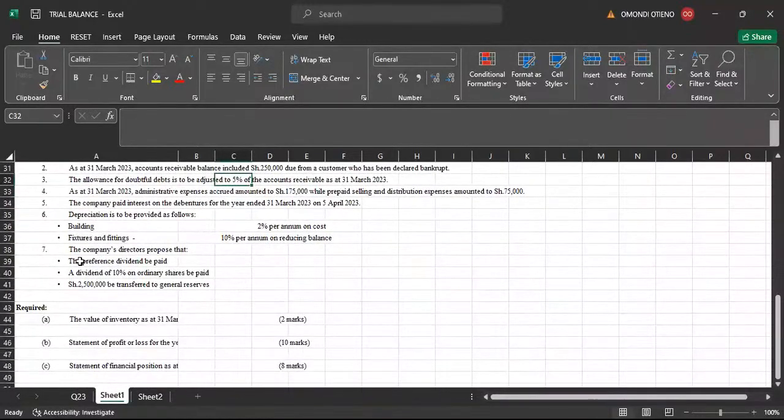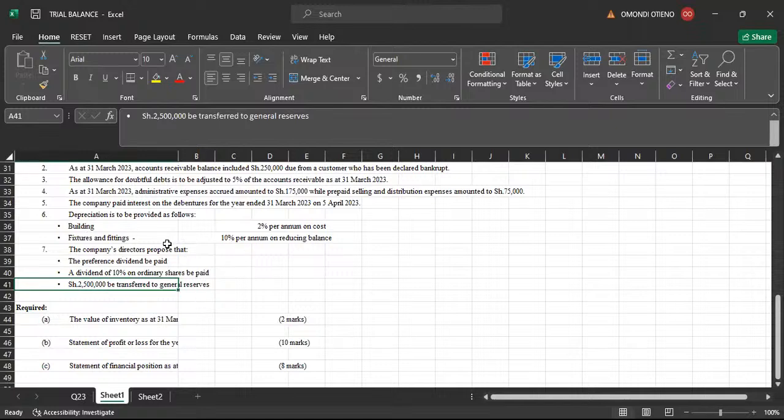They also proposed a dividend of 10% on ordinary shares be paid, and then shillings 2,500,000 be transferred to general reserves, other reserves. When we transfer this to general reserves, we are going to reduce the retained earnings carried down to be transferred to the statement of financial position.